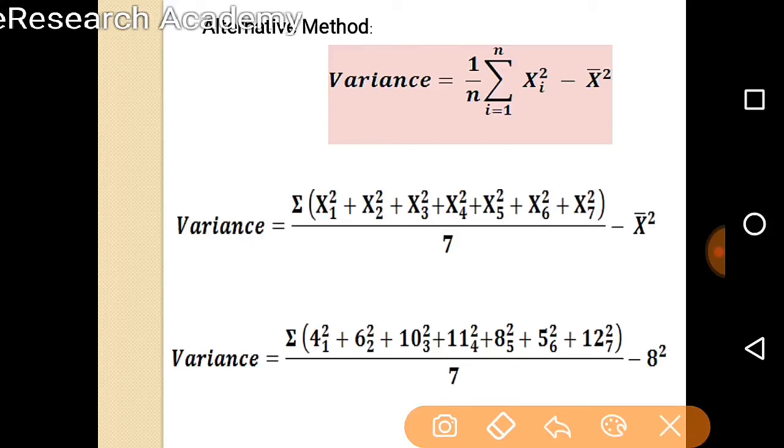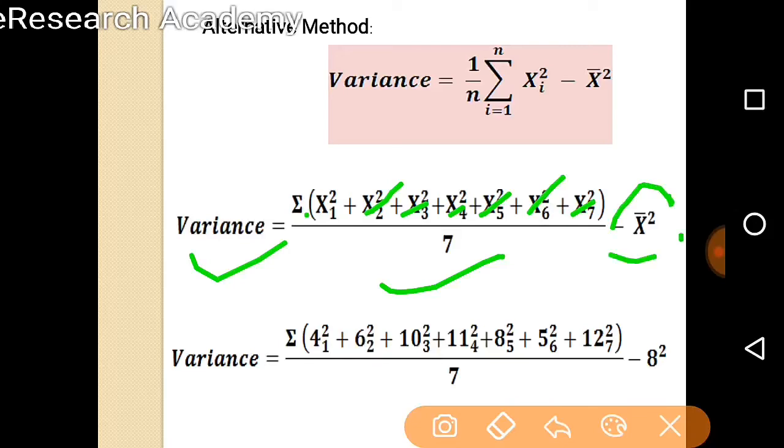If we expand this, we have variance equal to x1 square plus x2 square plus x3 square plus x4 square plus x5 square plus x6 square plus x7 square. We have 7 x's. Upon n minus mean square.